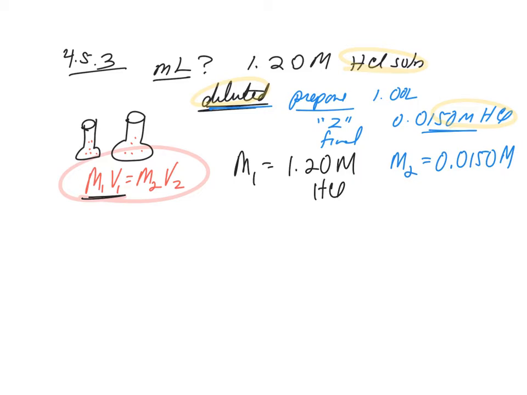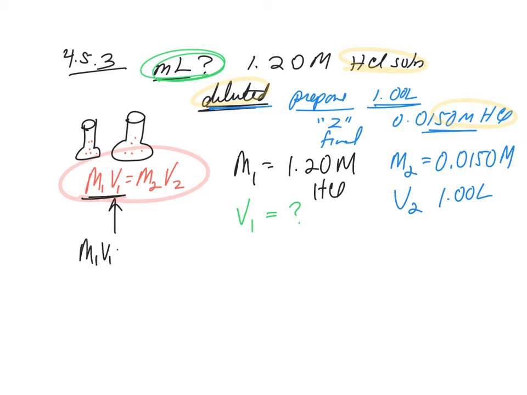Okay, so anyway, here's the M1, M2, and then do we have V1? Now they're asking how many milliliters do we need to add to prepare a final V2 of 1.00 liter. So now you have to solve for V1.